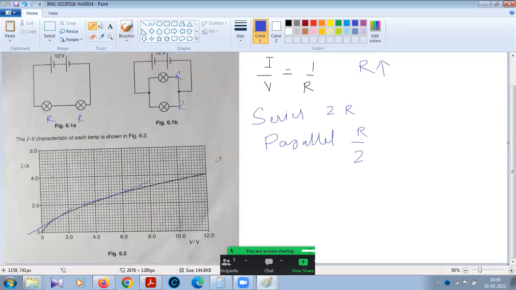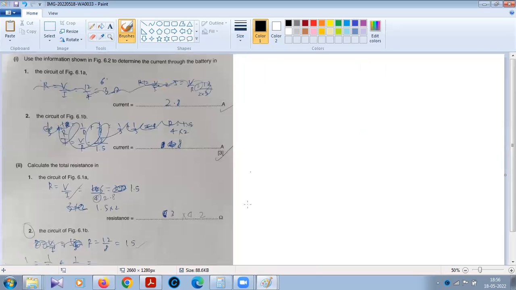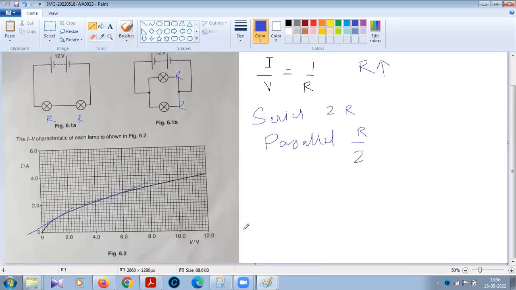From the graph you can find out, right? For 12 volts, the current is coming as some 2.8 something.